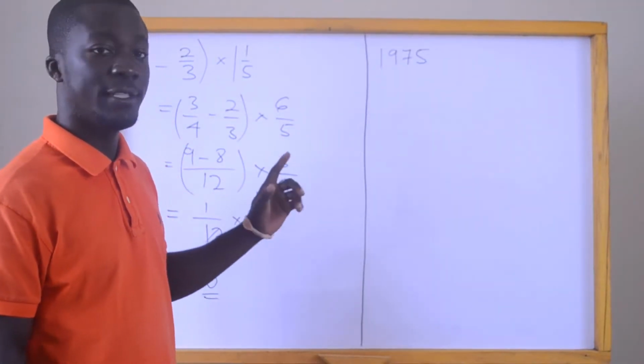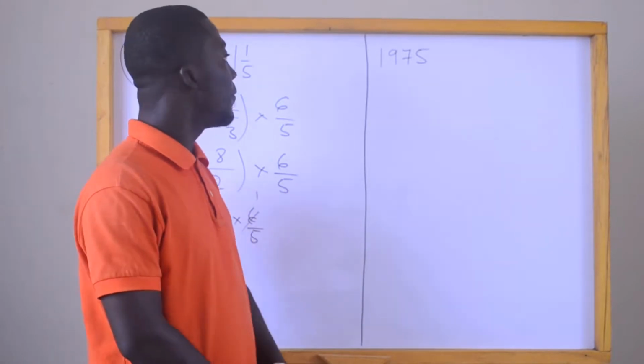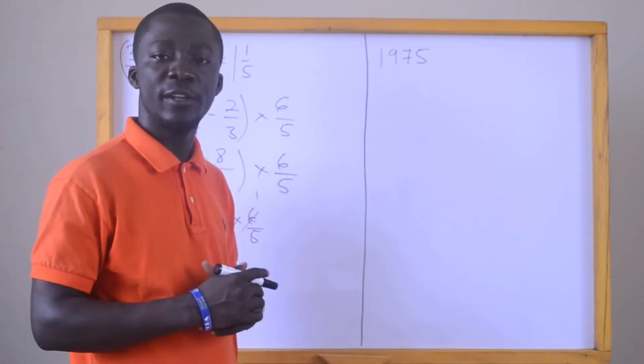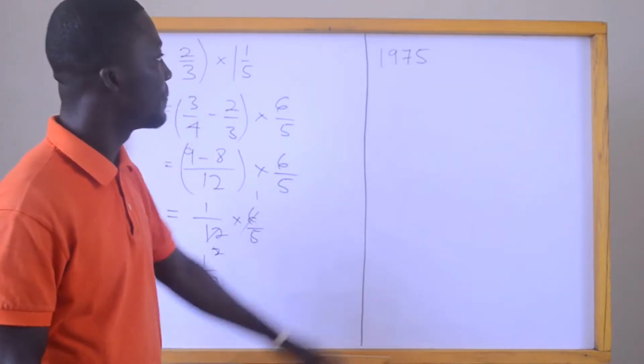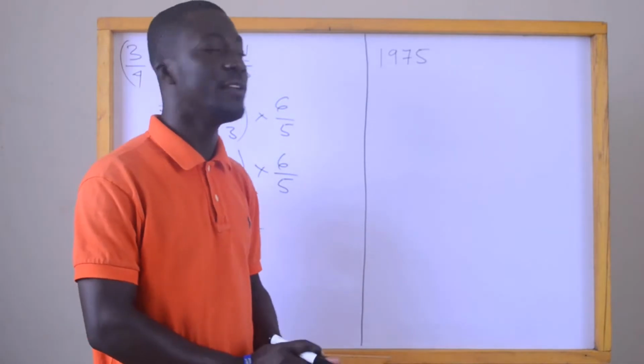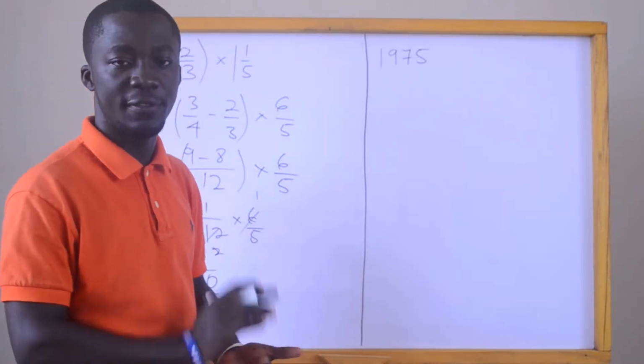To our objective question 35, that came in June, which says we should express 1975 correct to two significant figures. The first question we will ask ourselves: what are the rules of significant figures?